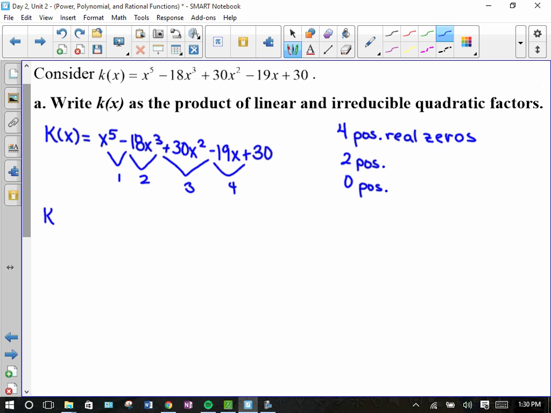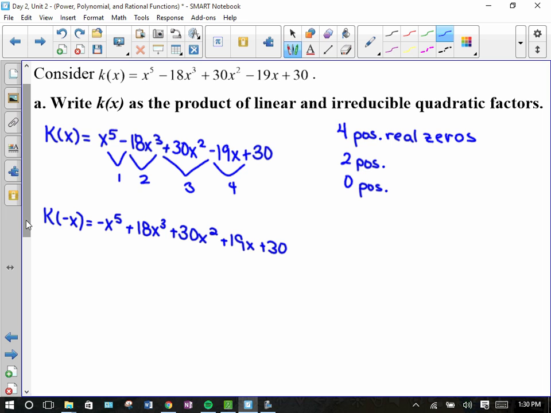Now we go to k of negative x. Now it's x to the fifth, so that sign is going to do what? Change or stay the same? Change. So negative x to the fifth. And this is an odd degree, so it's going to go positive 18x cubed, then 30x squared, then 19x, then 30.